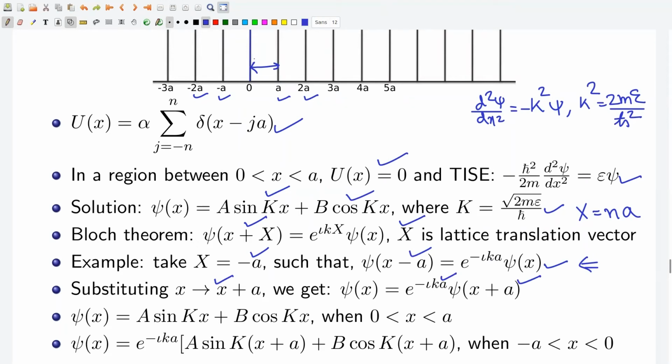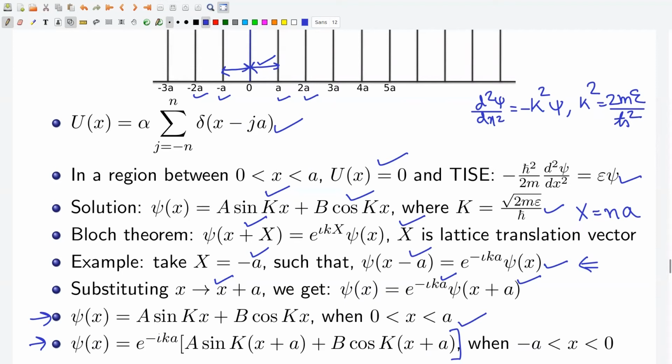Now, when x is between 0 and a, the wave function is psi of x is equal to A sin Kx plus B cos Kx. Similarly, when x is between 0 and minus a, the wave function psi of x is given by this.